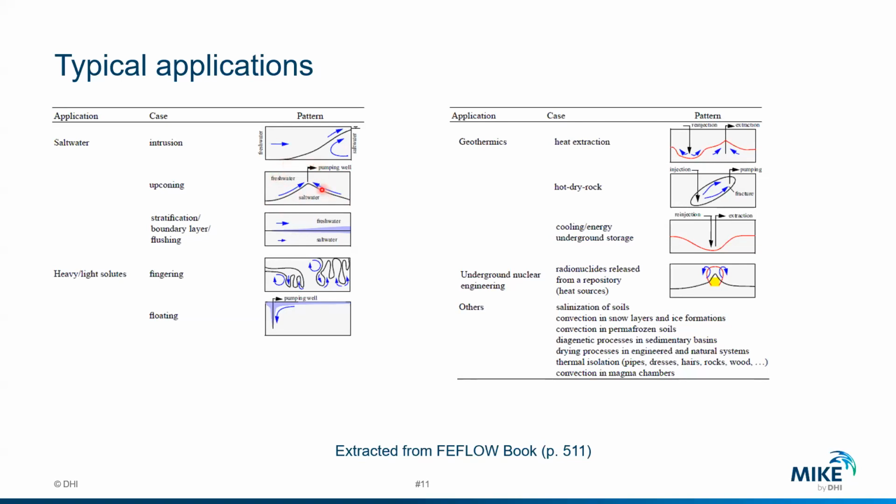If there is a pump, because you are extracting the mineral from the aquifer, you are also enhancing the propagation of the salt water, enhancing the upconing, stratification, and boundary layers, so you can have fresh water and salt water.